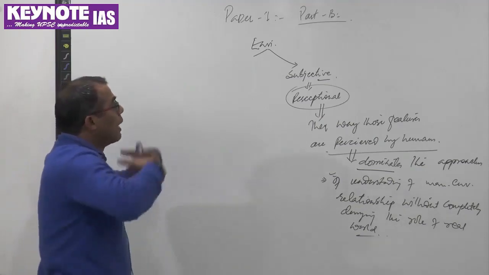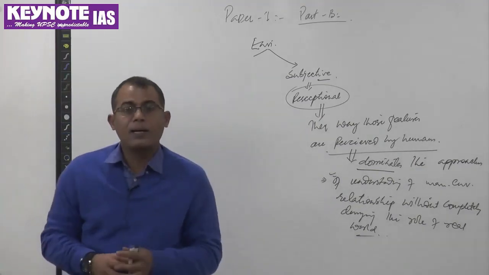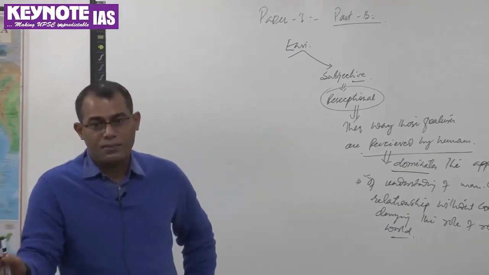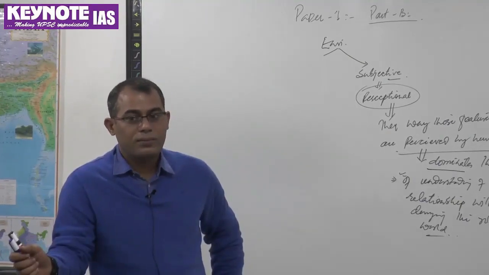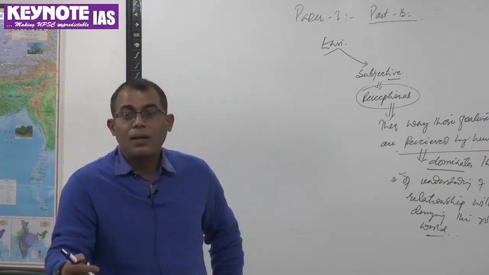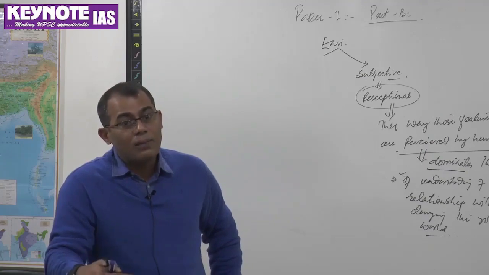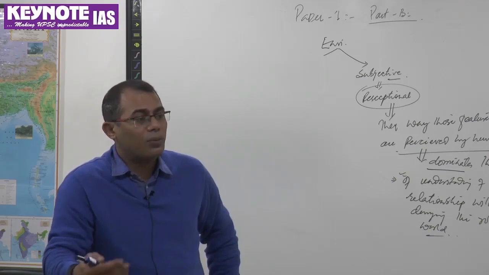Now, what should be the approaches? Suppose you are assigned a task to explain the man-environment relationship, what are you supposed to do? Whether man is active, and if active, up to what extent; if the environment is active, up to what extent it is active. How would you approach it? What will be the approach?